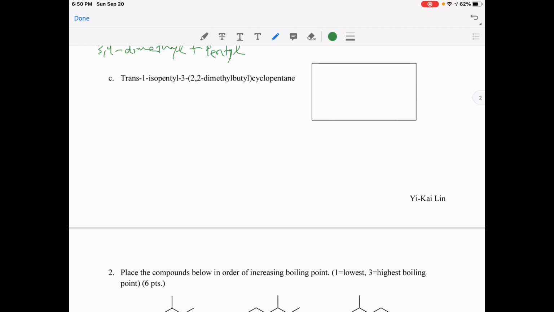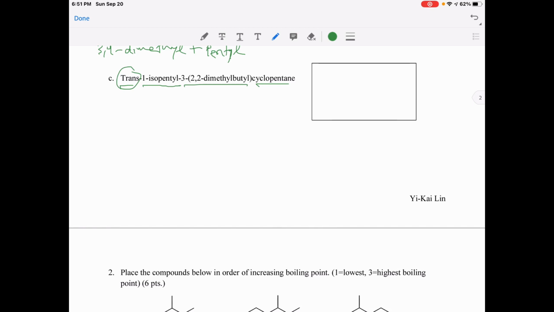So I'm going to underline the significant portions of this name that actually give us a clue about how to even start. The first thing is the trans. This indicates the stereochemistry of this compound.